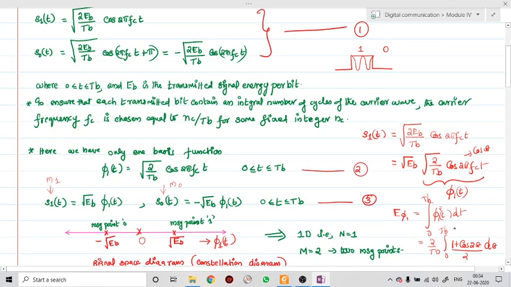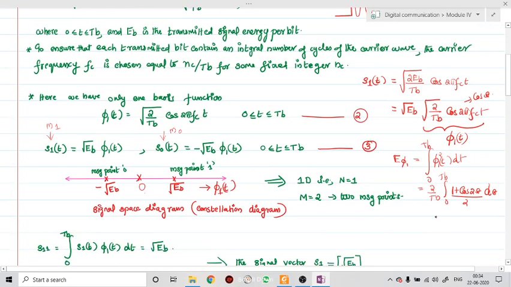Now you have 2 by Tb into 1 by 2 d theta, that is nothing but 1 by 2 Tb when you evaluate that integral, plus the integral of cos 2 theta by 2 d theta, which is equal to 0 because the cosine function has equal positive and negative parts.